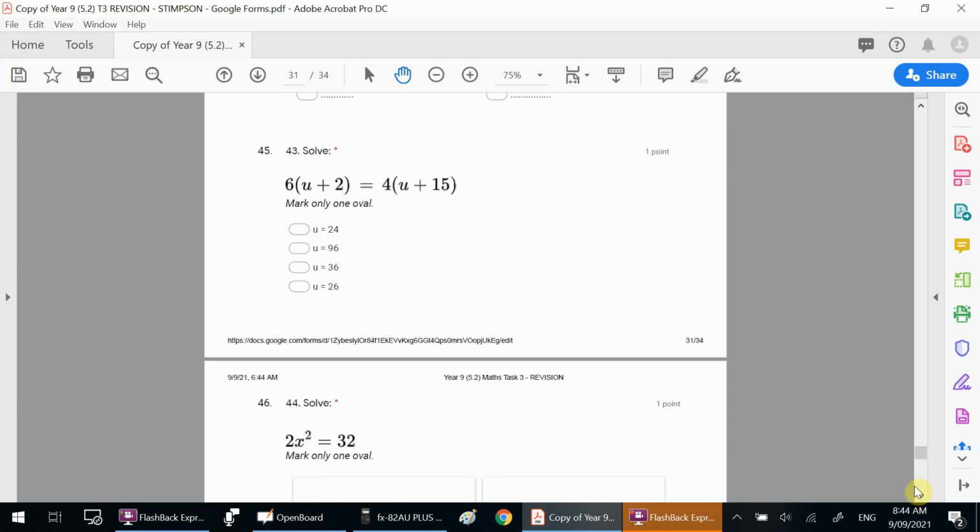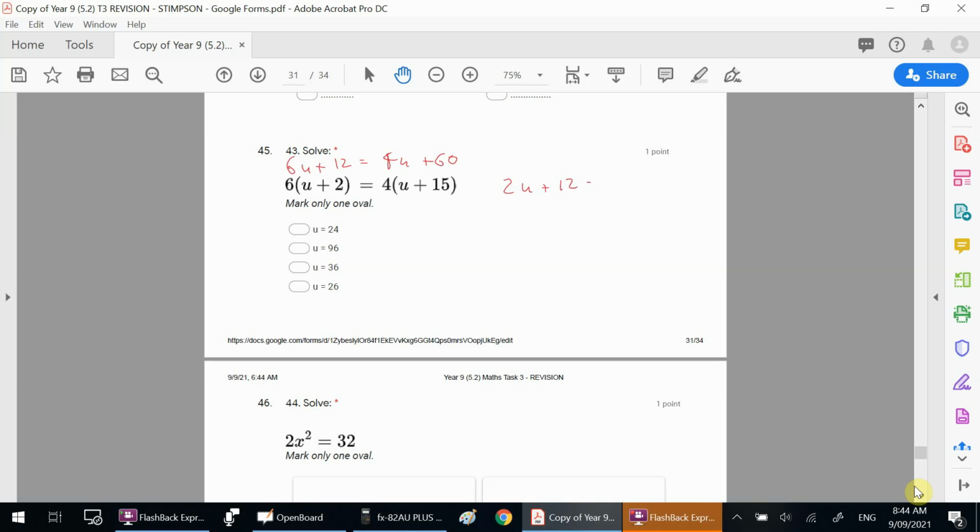Okay, brackets both sides of the equal sign, so we better expand. 6u plus 6 times 2 is 12. 4u plus 60. Put the 4u over here, so subtract 4u, we're left with 2u plus 12.